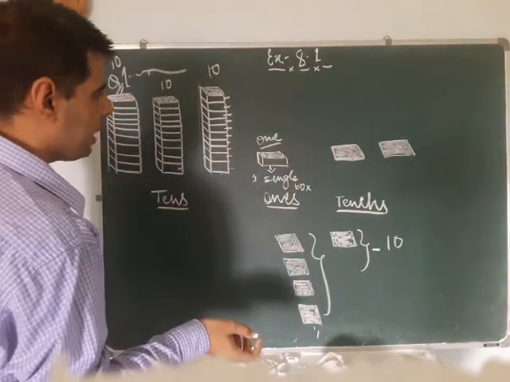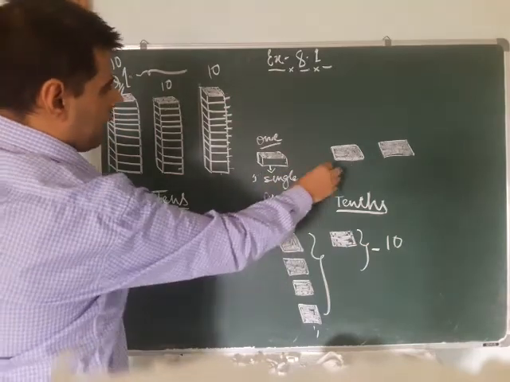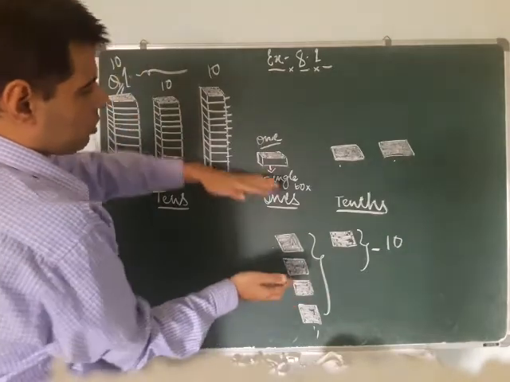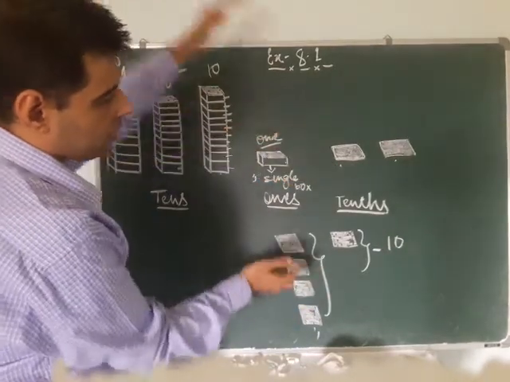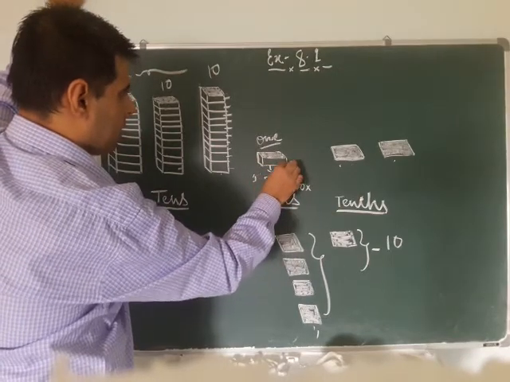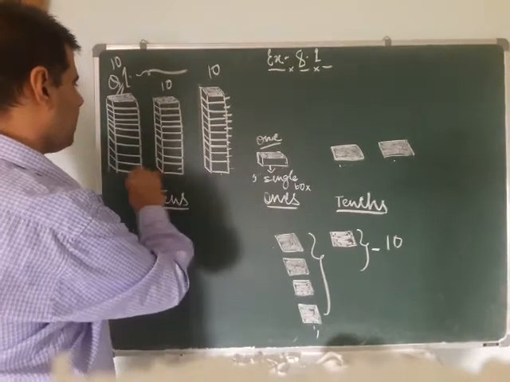So we can say that this single box is made of 10 entities of this kind. If you place one entity over another, we will get one single box. So in one single box there are 10 entities of this type.